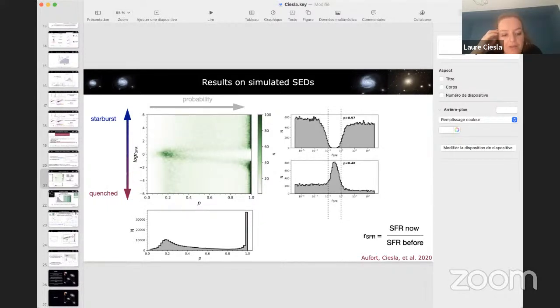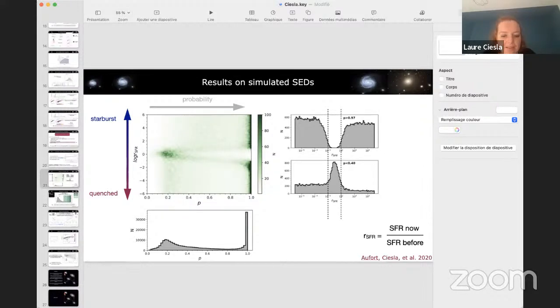There will be NIRCam data, very deep. I think this will bring new information and be a step forward in our study. We have a PhD student who just started to work on this, applying this kind of method and others to reconstruct the star formation history from the COSMOS-Web program.